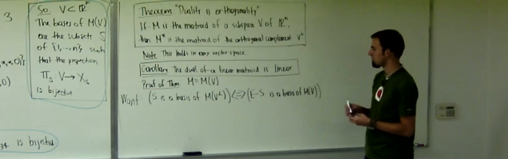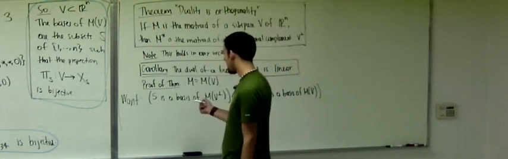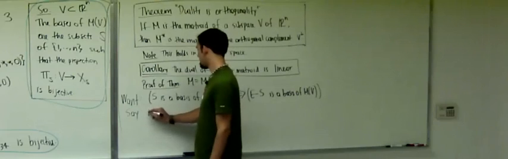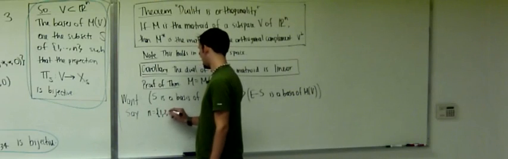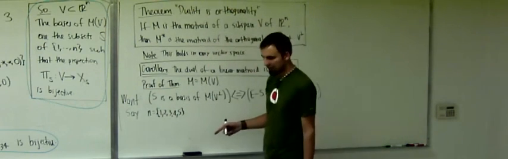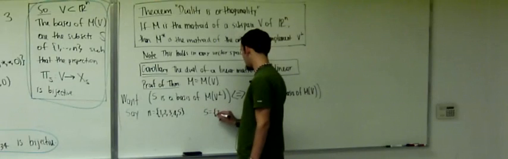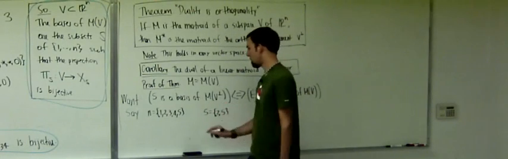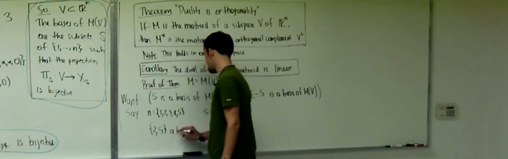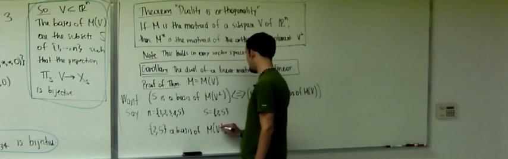Okay. So what does it mean? Let's again, maybe it's better if we make this concrete. So let's say that n is 1, 2, 3, 4, 5, and let's say S equals 2, 5, and I'm trying to figure out, is 2, 5 a basis of M of V star, M of V perp?